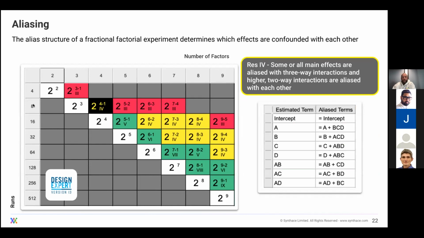Here, we are constrained to doing 8 experiments. And what we get with resolution 4 designs is that the impact we see from our main effects is confounded with some of our 3-factor interactions, and some of our 2-factor interactions are confounded with each other. So this is saying the 2-way interaction AB is confounded with the 2-way interaction CD.